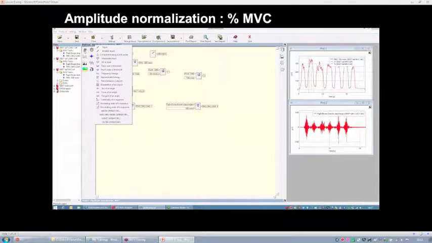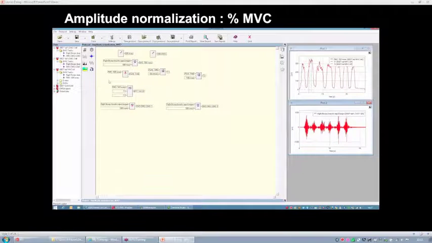And so now we can normalize the amplitude of this signal activity with respect to the computed MVC value. We are just dividing the root mean square amplitude value by the reference.